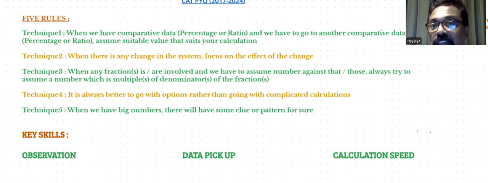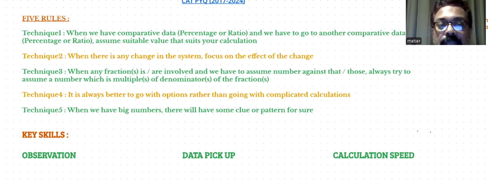The second is data pickup. If you can observe the flow of data smartly, you can easily go for data pickup: which particular data is required, and from which one you should start your calculation. And the last one, which is very important, is your calculation speed.